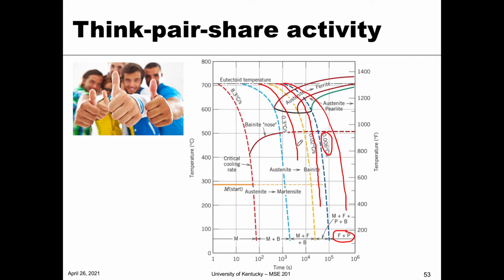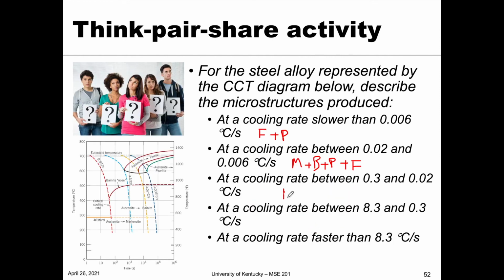But we do form bainite, and then again, bainite really doesn't have a completion area here, so we also form martensite as well. So that means martensite plus bainite plus ferrite. So let's go back. Martensite plus bainite plus ferrite. But no pearlite in this one.